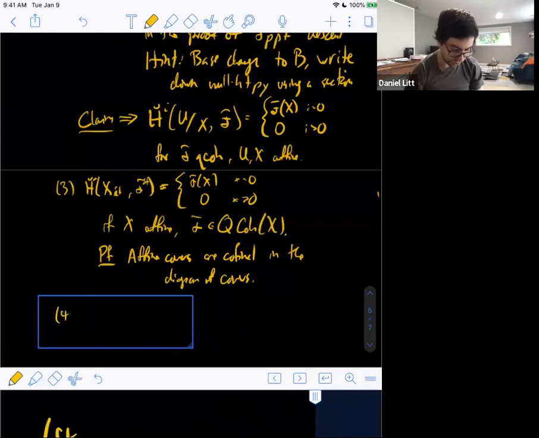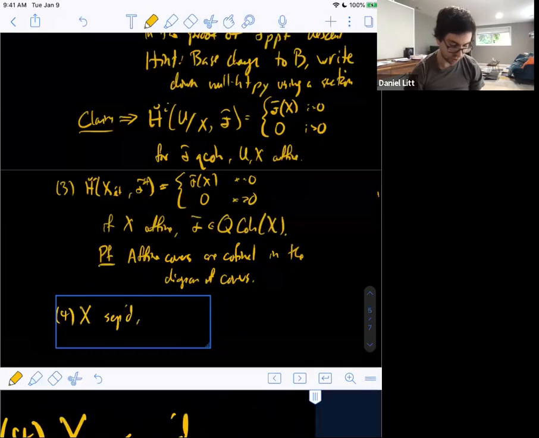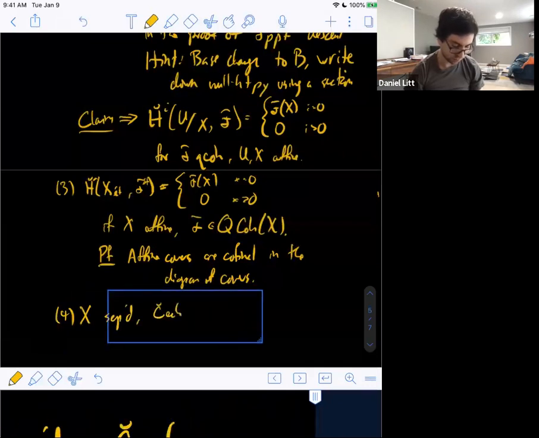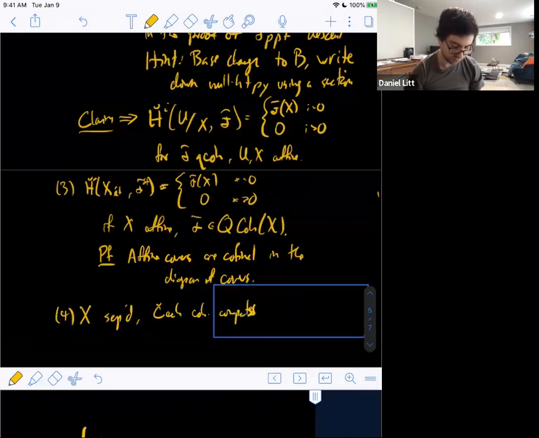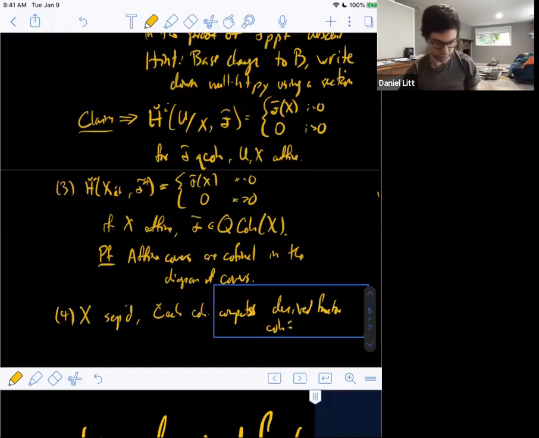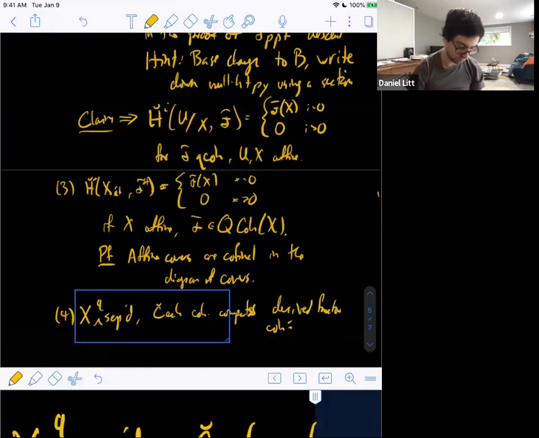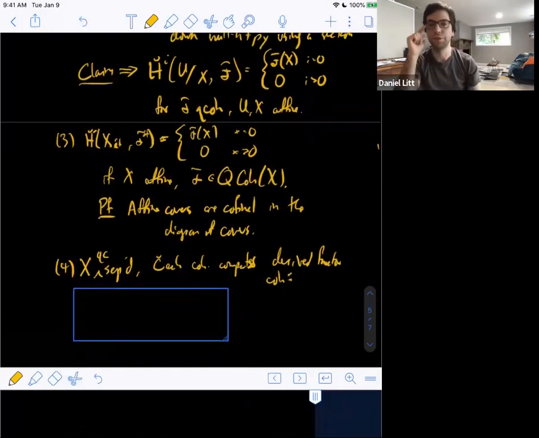Okay, so now let's prove it for X. Let's suppose it's separated, and suppose Čech cohomology computes derived functor cohomology, and X is quasi-compact. This is where I'll stop the proof.